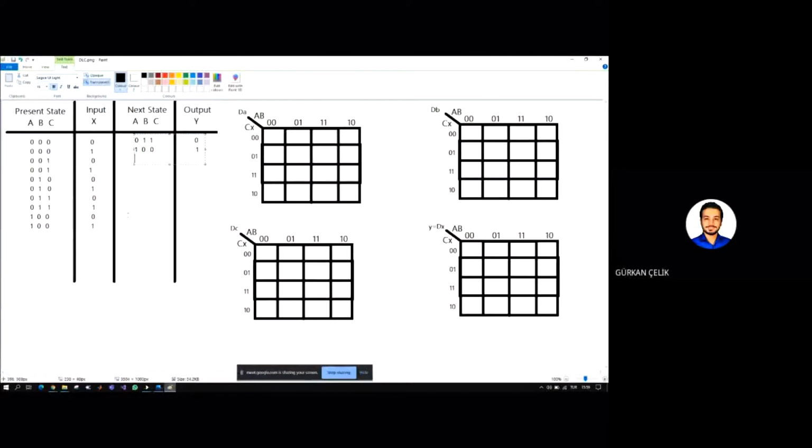So if it's 0 0 1 and the input is 0, it should be 0 0 1 again, and the output should be 0 again.